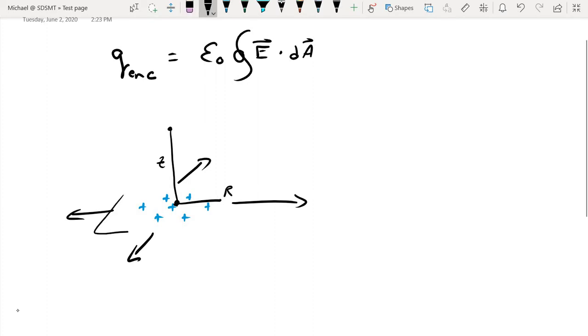And at that point, what we had was an infinitely large sheet of charge that extended out in all directions. But we were still able to get an electric field magnitude up at our point that was finite. Even though we had an infinitely large sheet, we still got a finite field expression.